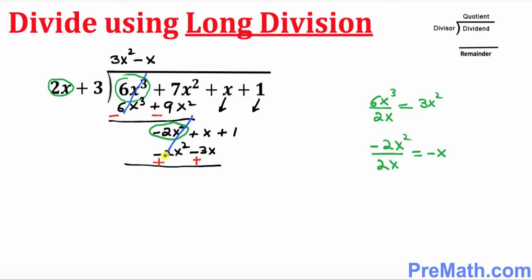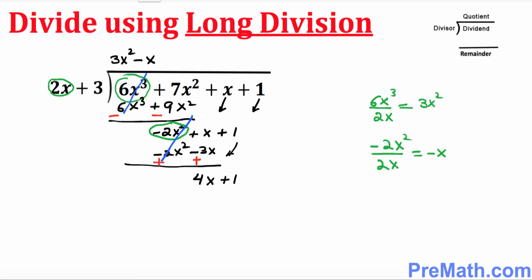So these two terms cancel out. We got positive x plus 3x makes plus 4x, and then bring this one down over here, that becomes plus 1.